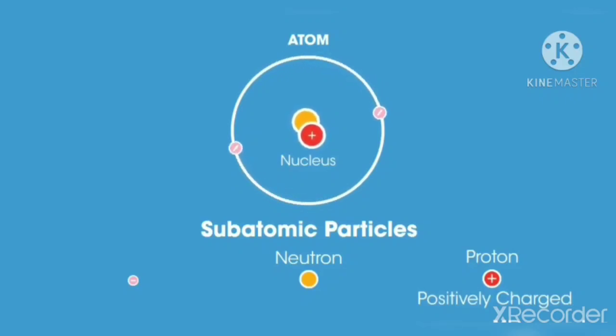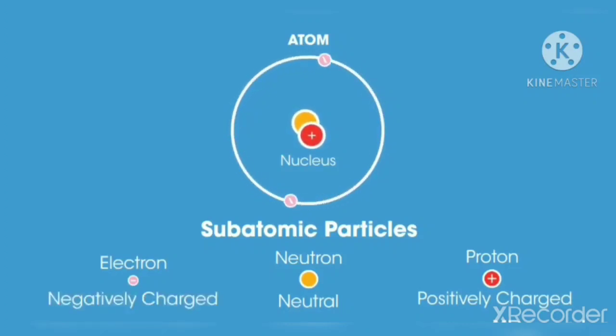Proton is positively charged and neutron has no charge. This makes the nucleus positively charged. Electrons are negatively charged and the nucleus is positively charged. Their attraction holds them together, like gravity between a planet and the sun.